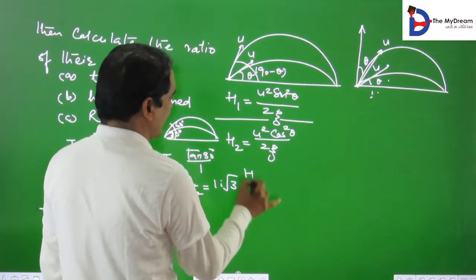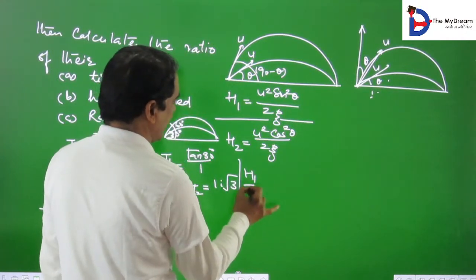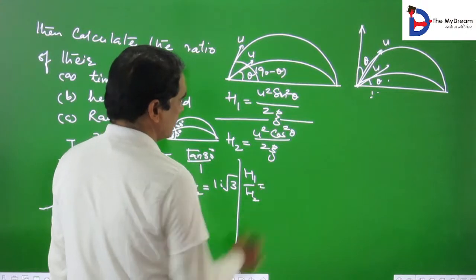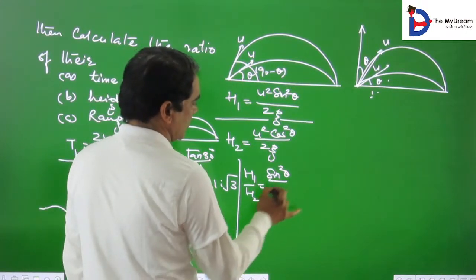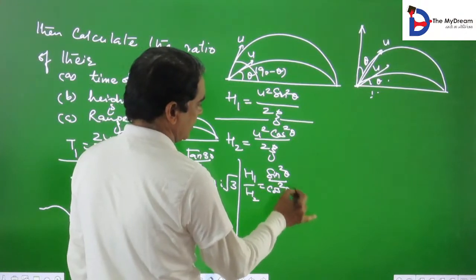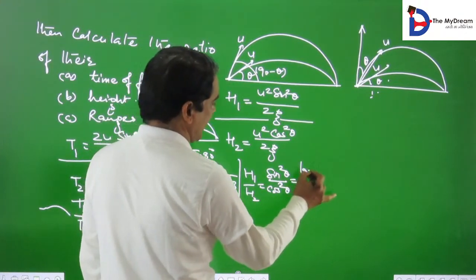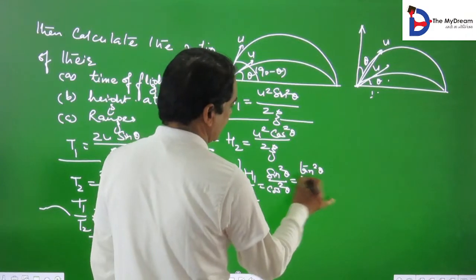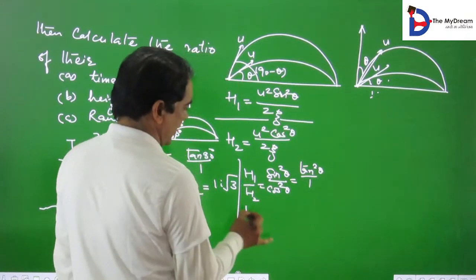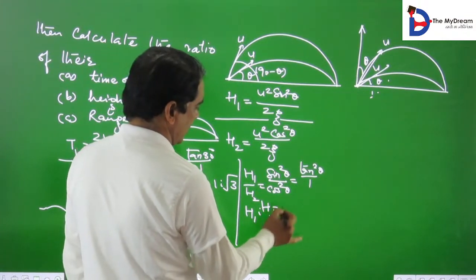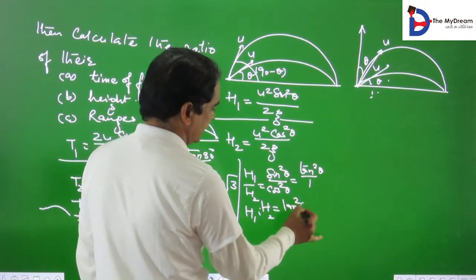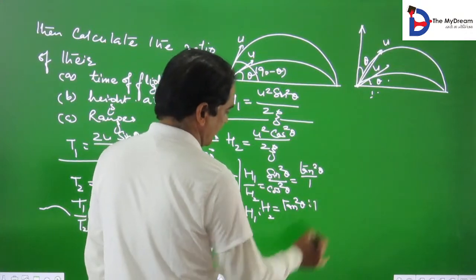So H1 upon H2 gives sin square theta upon cos square theta, which gives tan square theta is to 1. So H1 ratio H2 gives tan square theta is to 1.